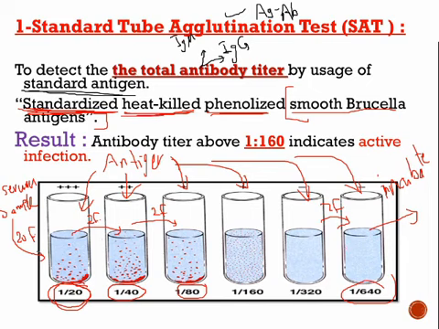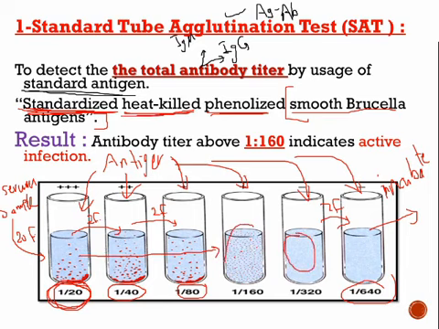Now I will see strong agglutination in the low dilution of the antibodies. And as I increase the dilution, I will see the agglutination decreasing, till I reach a test tube in which the agglutination is barely visible, after which there is no agglutination.